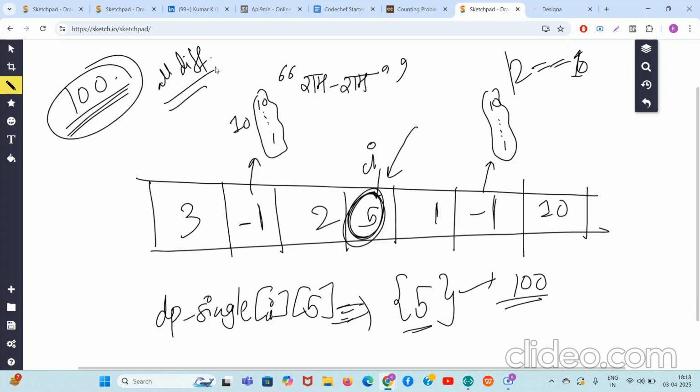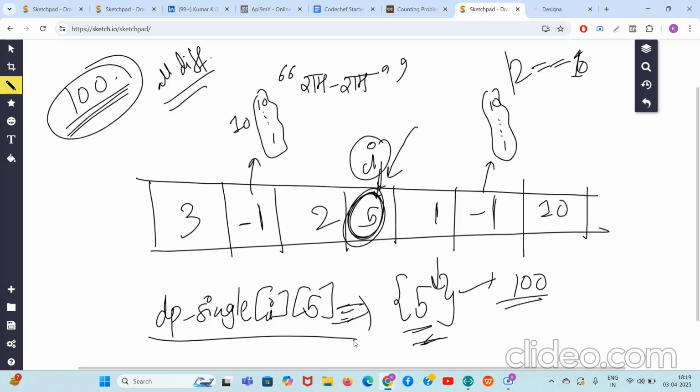So if you consider all different arrays possible, this single sequence of number 5 situated at index i: dp single[i][5] means, if we take all the arrays possible in this world, all 100 of them, how many times can a single 5 come at index i? It can come 100 times. 5 can come at index i not one time, but 100 times, because 100 different arrays can be created by each -1.